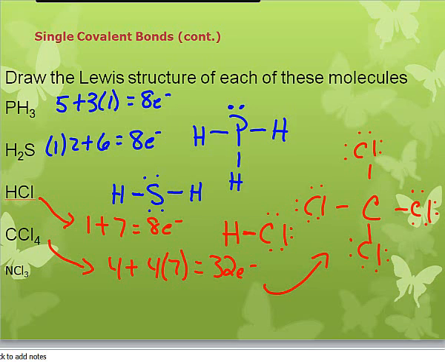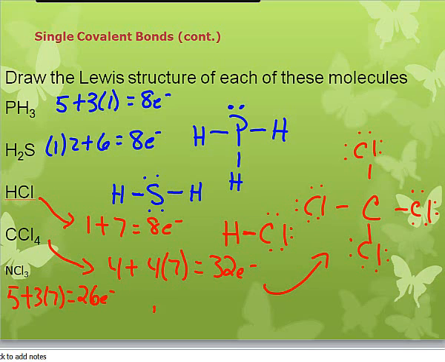That is carbon tetrachloride. Now the last one, nitrogen has 5 valence electrons, and chlorine again has 7, but we have 3 of them. So 3 times 7 is 21, plus 5 makes 26 electrons.